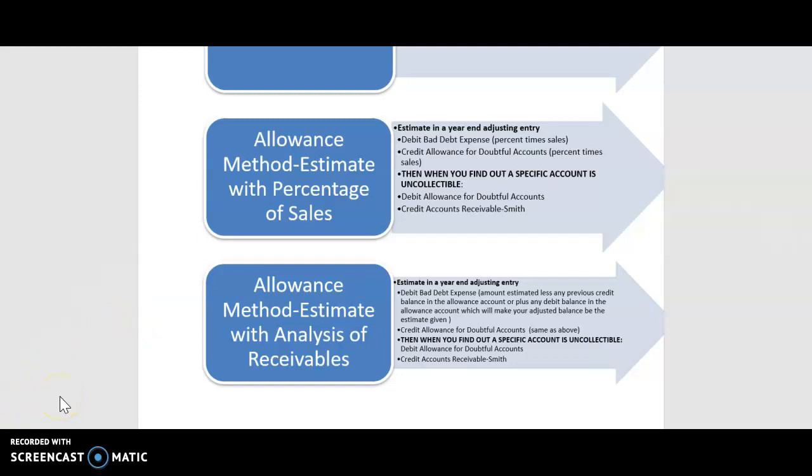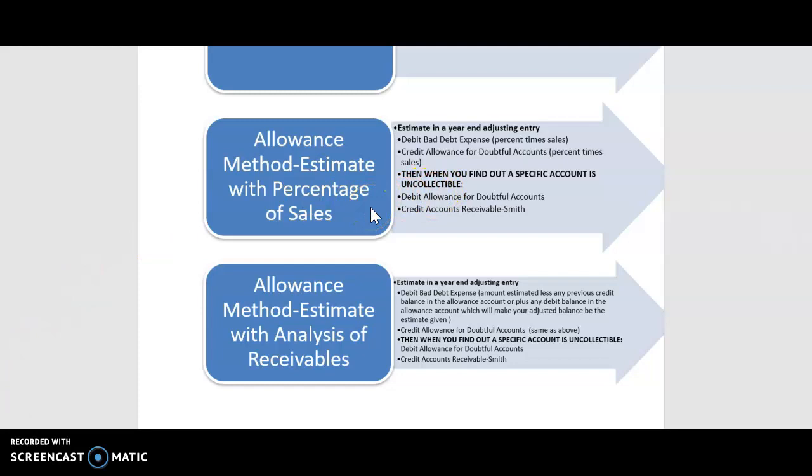They dump it out each time they determine a customer is not going to pay them. So it's kind of like a safety net. Oh, we're not going to get paid. Here's an estimate of how much we're not going to get paid. And each time we don't get paid, we'll take it out of that allowance account.